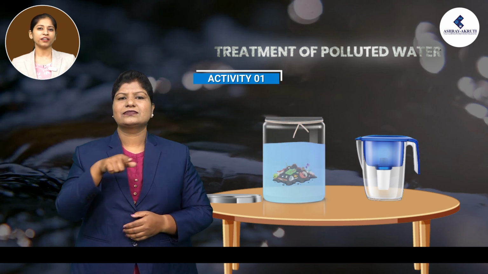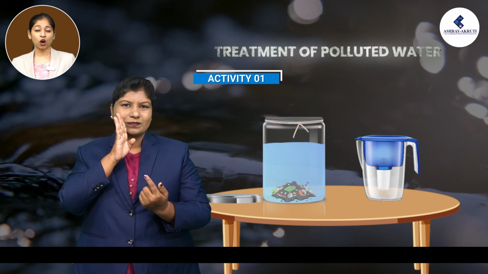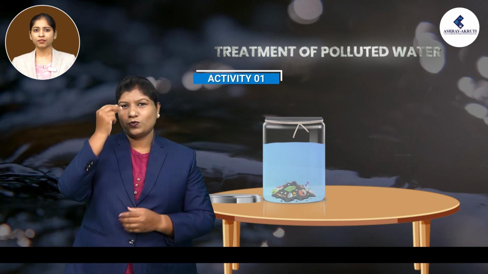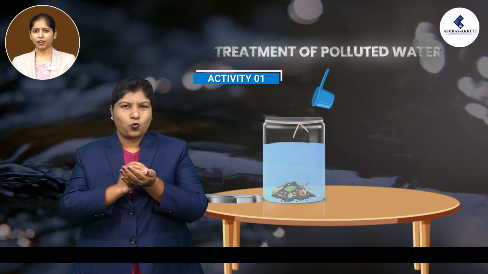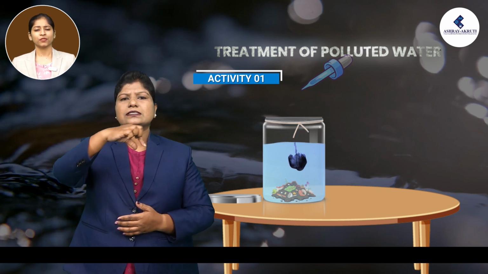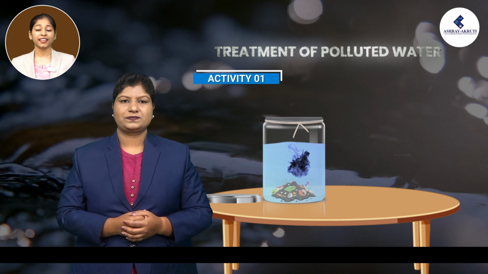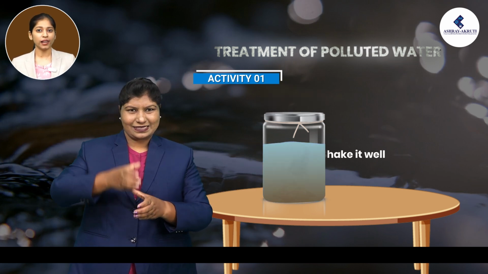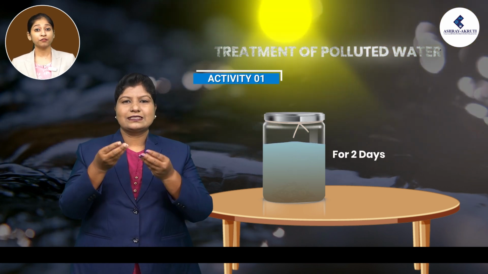Add some dirty organic matter such as grass pieces or orange peels, a small amount of detergent and a few drops of ink or any color. Cap the jar, shake it well, and let the mixture stand in the sun for 2 days.